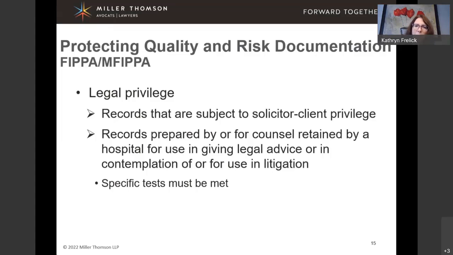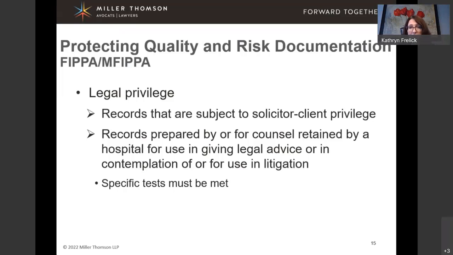on that exemption. The final area that we can rely upon, and this is much broader than just under FIPPA, this also applies when we're talking about disclosure of documents or production of documents in a lawsuit or proceeding, is legal privilege.